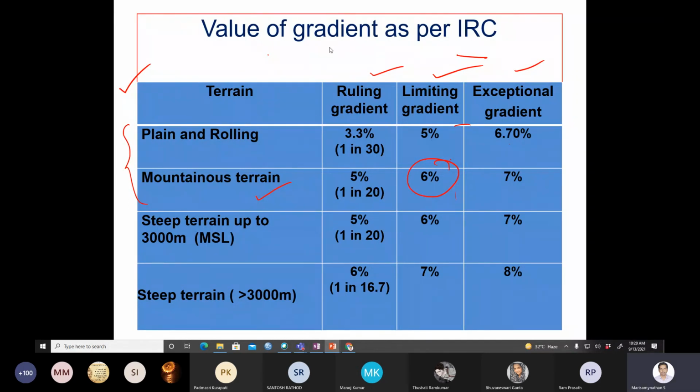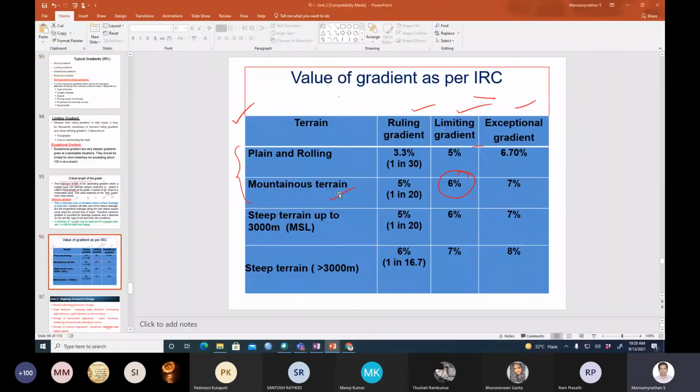Here I am concluding today's session. Today we have seen two major components. One is the transition curve. With respect to the typical three cases, we saw how to provide the length of the transition curve from the straight to the central curve, where the radius changes from infinity to the radius of the curve.